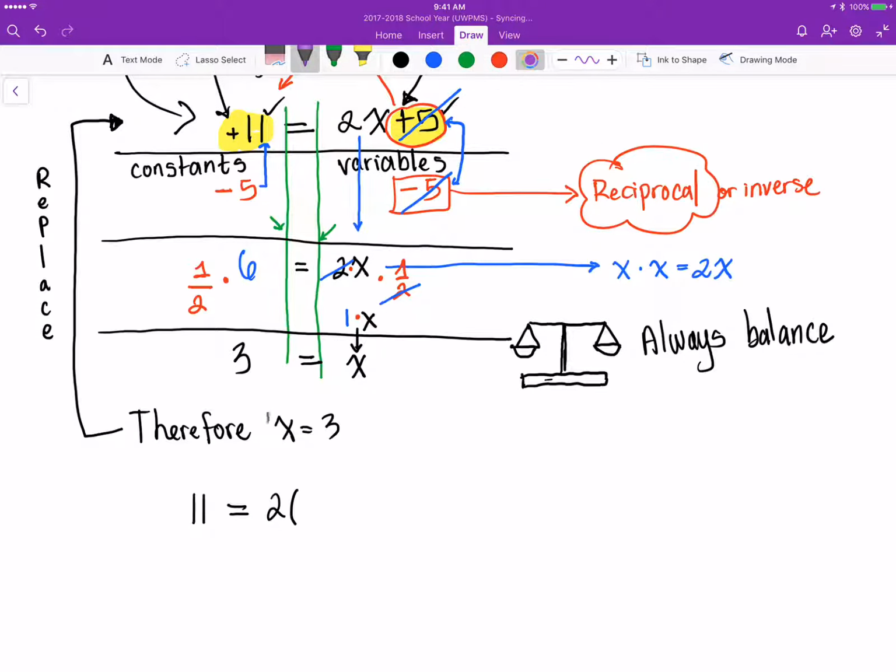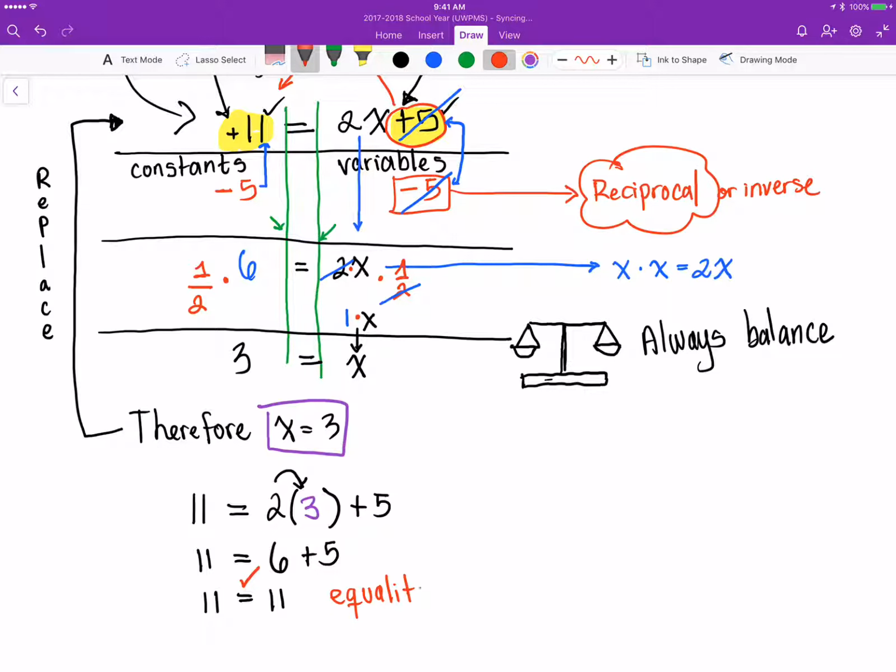Purple. Okay, that's a 3 plus 5. So 11 equals, distribute, that is 6 plus 5. So 11 equals 11, and that checks. So that's an equality. And now you are finished. Always double check your answers.